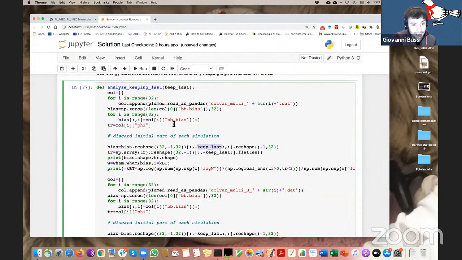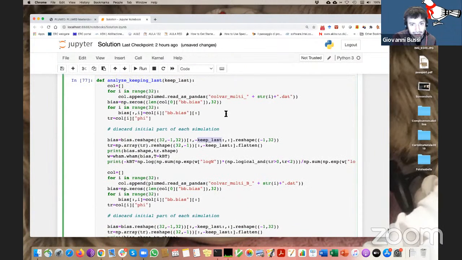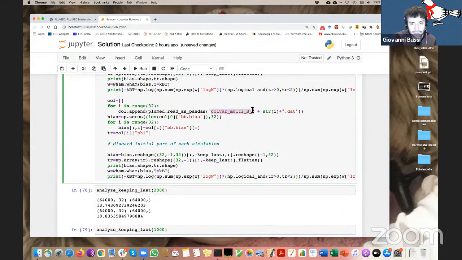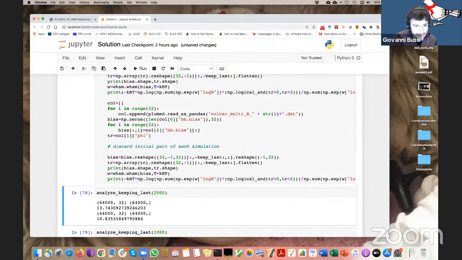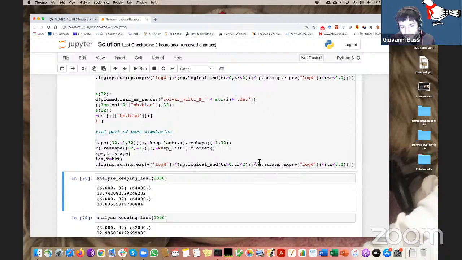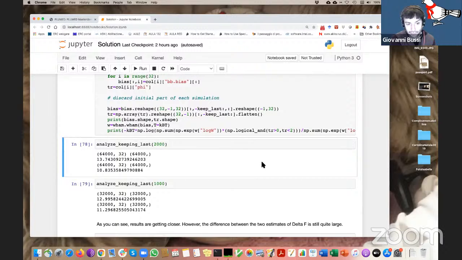This function here is just doing the analysis for the trajectory saved with the first protocol and for the trajectory saved with the second protocol. It's then reporting the free energy difference, computed as minus KBT logarithm of the sum of the weights in state B divided by the sum of the weights in state A, with the same definition that we used above.